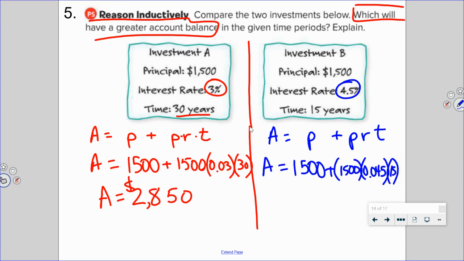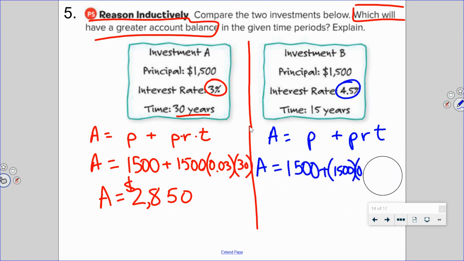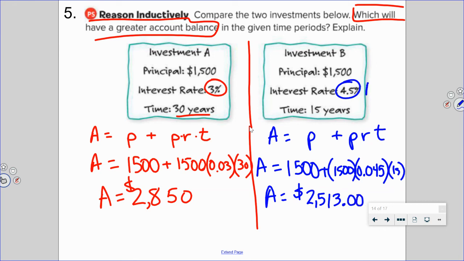Let me tidy that up a bit, shall we? So 4.5%, I see 4 hundredths, and then another half of a hundredth, or 5 thousandths. Multiply that by 15 years. If we were to add this up, we would have a total amount of $2,513.00.